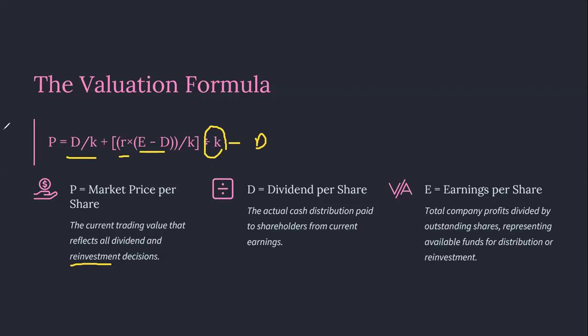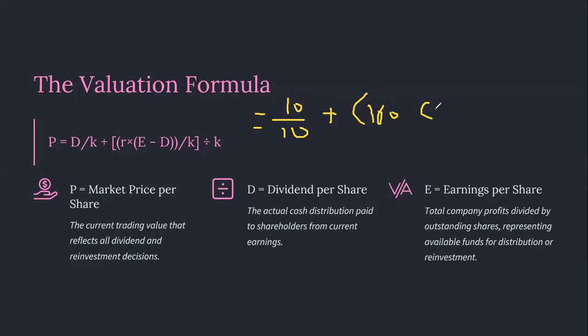For example, if dividend declared is 10 rupees, and cost of capital is 10, and the rate is suppose 100%, and earning is 10 minus 10, 0 divided by K, that is 10, plus 10, then it becomes 11.